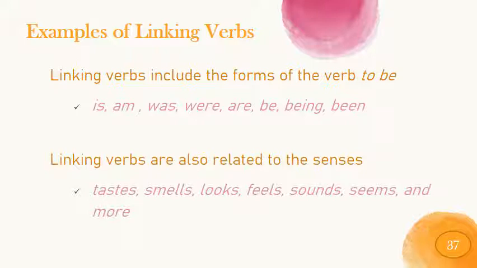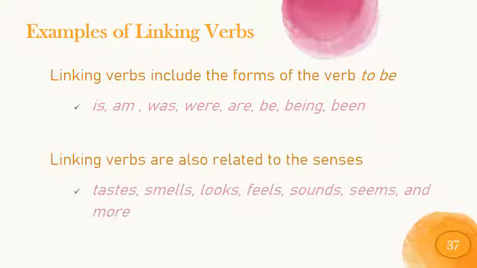Not only the verb to be is one of the linking verbs. We have other verbs that do not express actions. Again, I repeat, they do not express physical movement. They do not express actions, like tastes, smells, looks, feels, sounds, seems, and we still have more linking verbs that you're going to face while studying English.